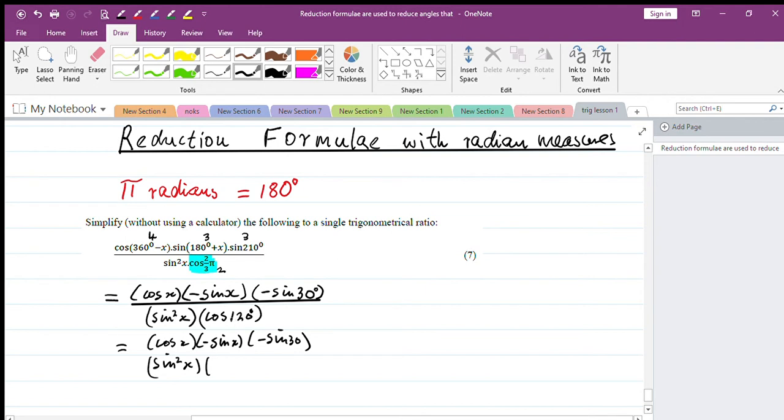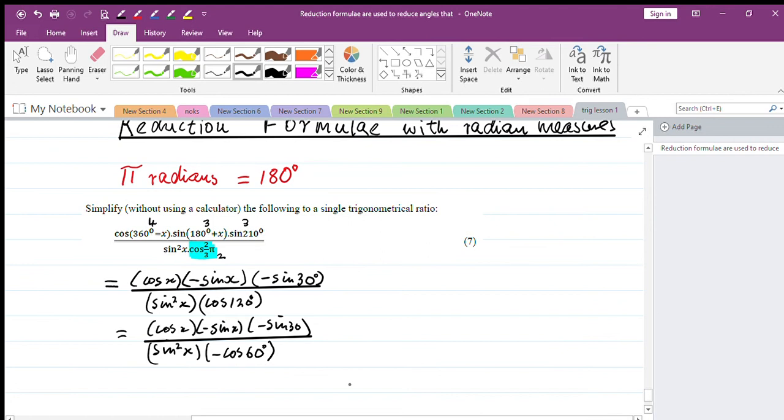You go 180 minus 60, so this is going to be negative cos of 60 degrees. And then what happens after that? The sine squared x and the sine x will divide, and on the denominator we will be left with sine x.